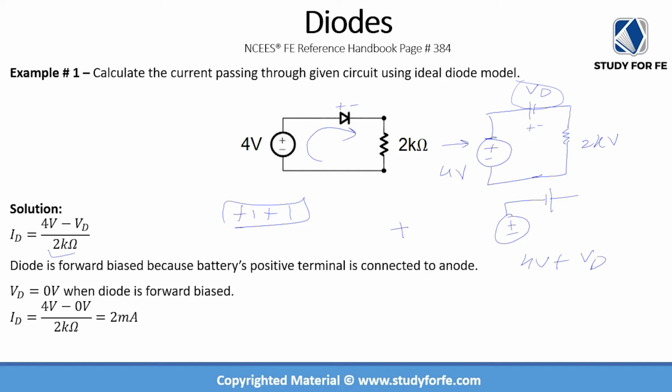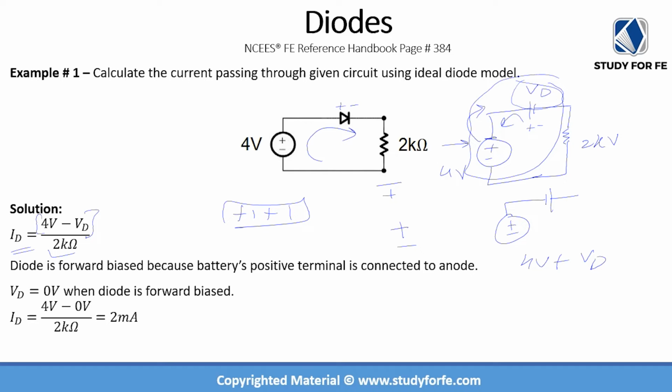But if it is positive-negative here and positive-negative over there, they oppose, because this battery would be trying to pump current in this direction and that one in the other direction. That's why the current through the circuit is 4 volts minus VD, the total voltage, divided by 2 kilo ohm.